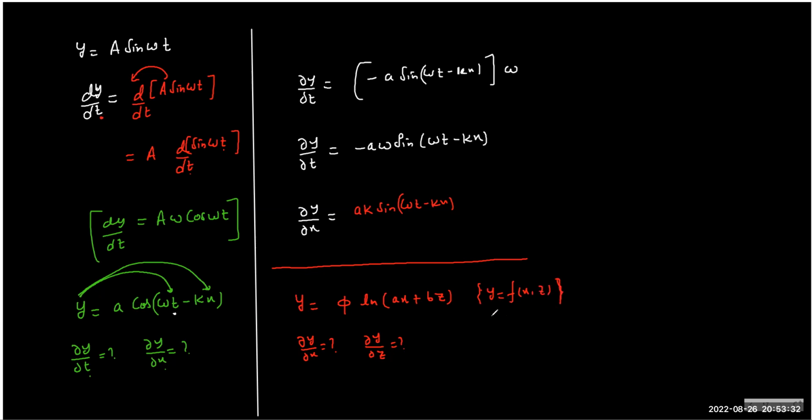So you know that the variables are x and z. Everything else is constant. So what is the answer for del y by del x and del y by del z? Just tell me the answer quickly.